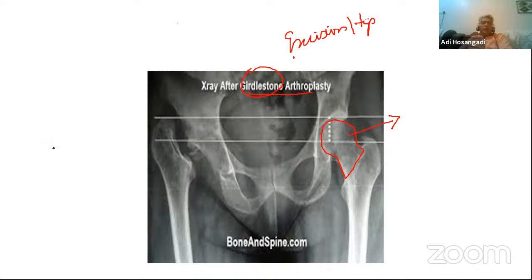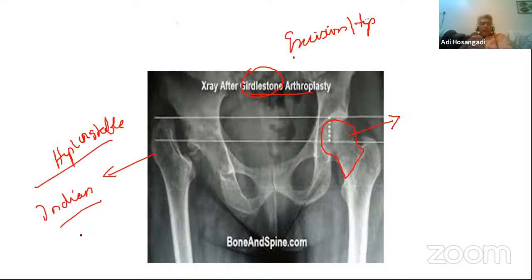The disadvantage of girdle stone arthroplasty is that the hip becomes unstable. But in the Indian scenario, where the patient wants mobility, the patient gets a painless hip, but at the cost of stability.